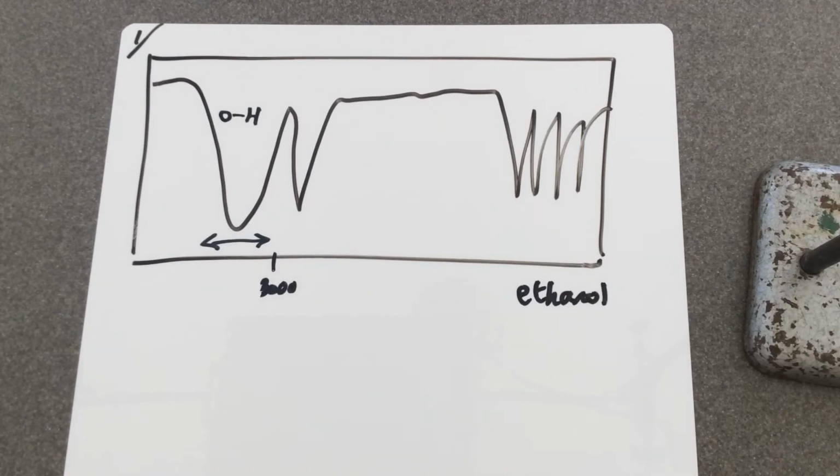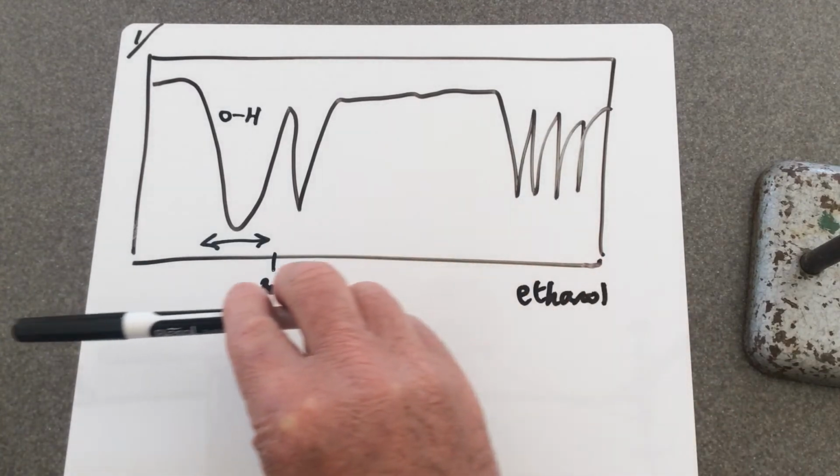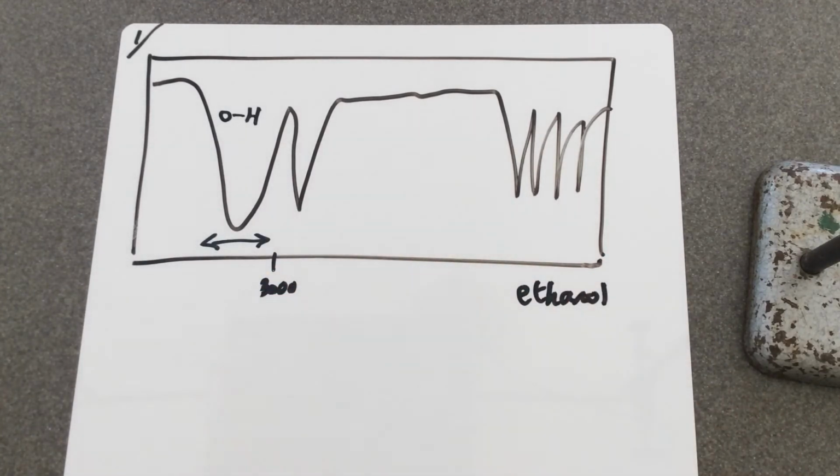So in carboxylic acids, we'd expect to get a broad absorbance in the region of 2,500 to 3,300. Whereas in an alcohol, this absorbance will be further in this direction, in the region of 3,200 to 3,600. And that's probably about as specific as you could get.